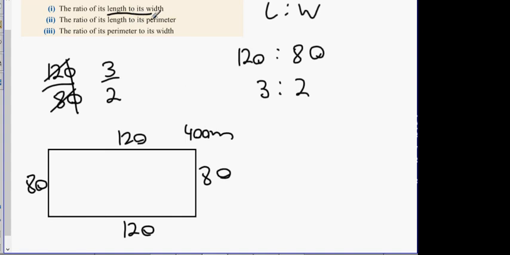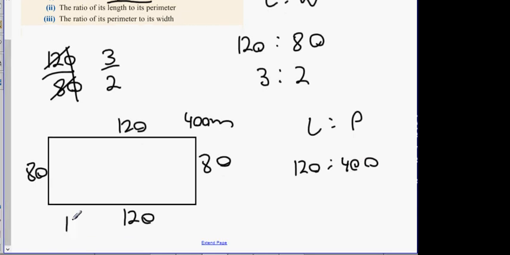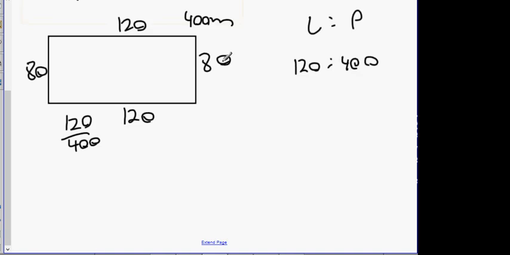Now, length to its perimeter means length comes first and perimeter comes second. 120 is to 400. And what do we need to do here? 120 divided by 400. What can we strike off? Strike off the zeros. What number will divide into 12 and 40? 4. It goes 3 over 10.